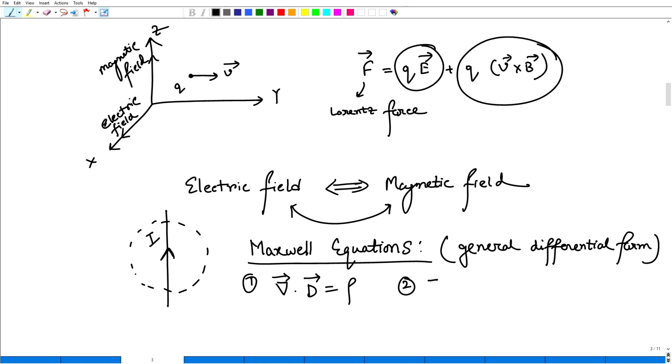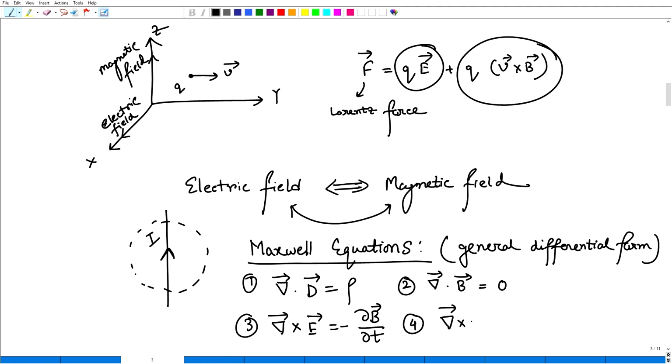Second one is 0. Third equation is, these are the 4 Maxwell's equations.